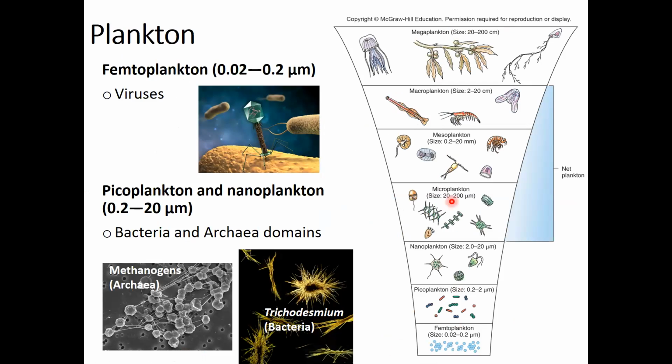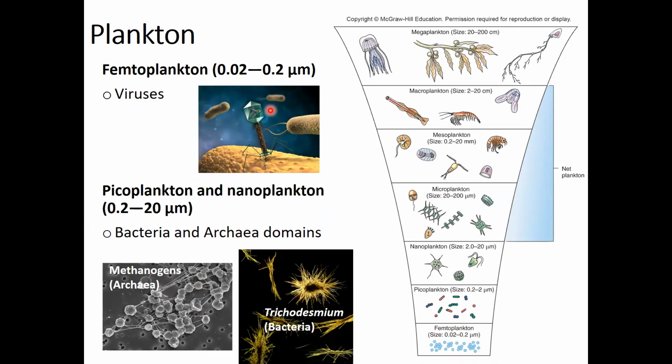So we'll go through these different size fractions and use some examples that we've seen before. So these are examples of species that we covered in chapters 5 and 6. So the smallest femtoplankton that are less than 0.2 microns are mostly viruses.